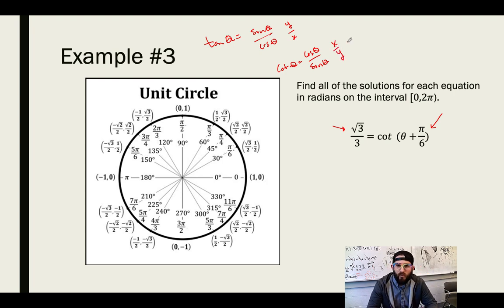So there's some things we can identify here about this constant value. We see that this constant value is positive, so that tells us we're going to be establishing a ratio of two coordinates that are either going to be both positive or both negative, because we know that the quotient of two positive numbers is positive, and the quotient of two negative numbers is also positive.